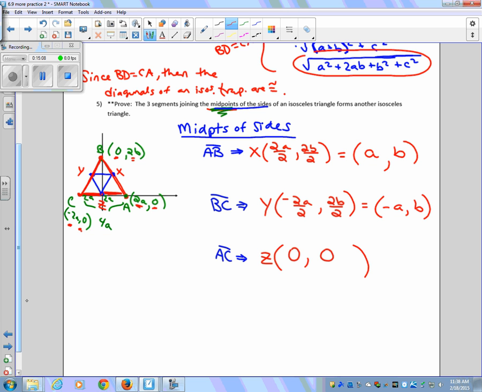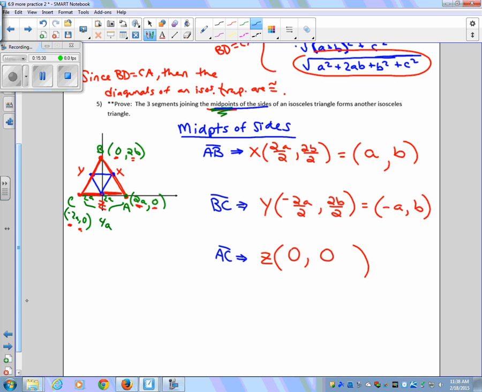All right, so we found the midpoints of the sides. We're trying to prove that this blue triangle, XYZ, is another isosceles triangle. What formula are we going to use to prove that? Distance formula.